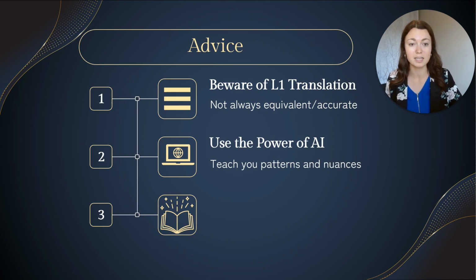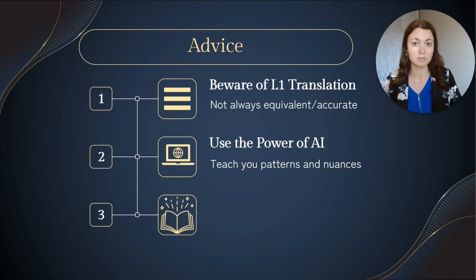The second thing is, how do you become more aware of this? Well, I recommend using the power of AI, and specifically ChatGPT can really teach us those patterns and nuances quite well. So one example is the verbs do and make in English commonly cause a lot of confusion.